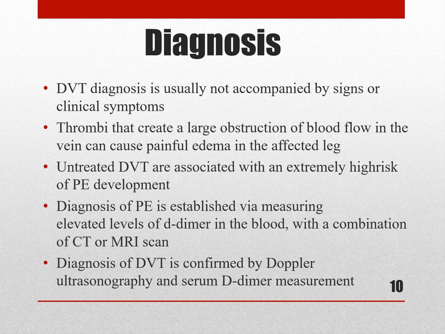D-dimer is a protein fragment that's produced when a blood clot dissolves in the body. So a positive result of the D-dimer test would indicate that there is indeed a significant thrombus in the body. However, this test is only a measurement. It does not tell the location or the cause of the blood clot. So really using both the D-dimer test and a Doppler ultrasonography ensures a more accurate result to diagnose a patient with DVT.